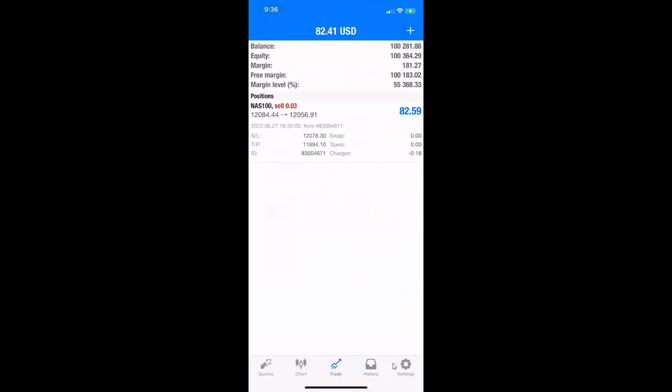So as you can see, $285 profit. Love it, love it, love it. So now, second partial trade still running. Let me trail my stop loss.